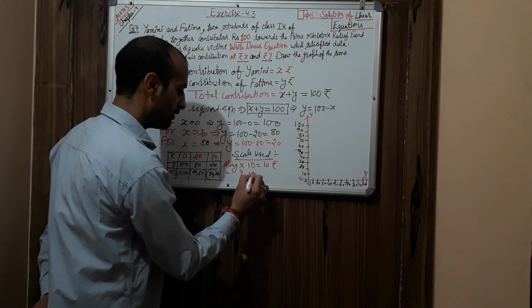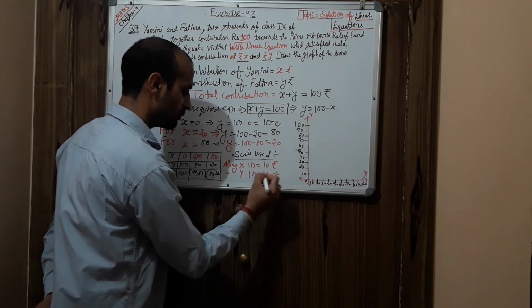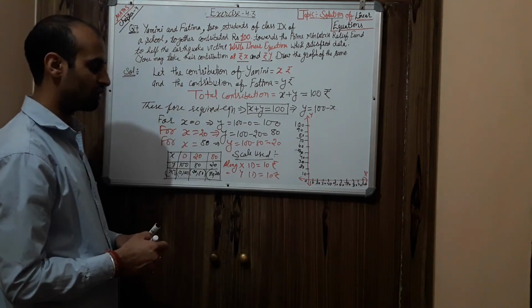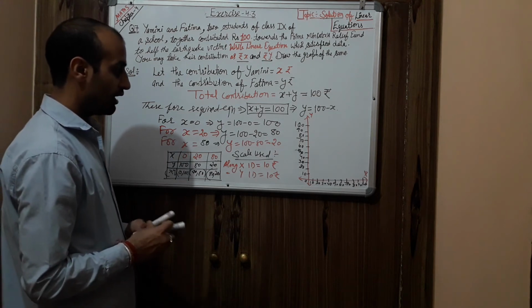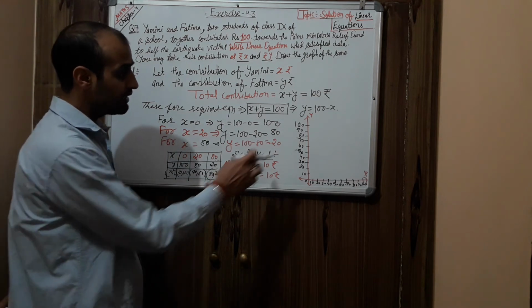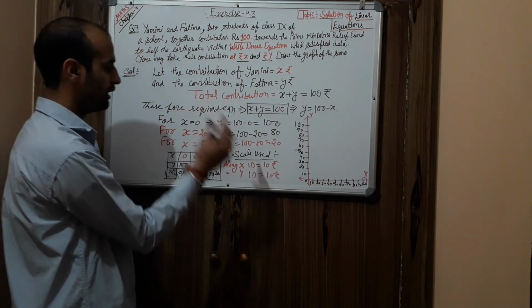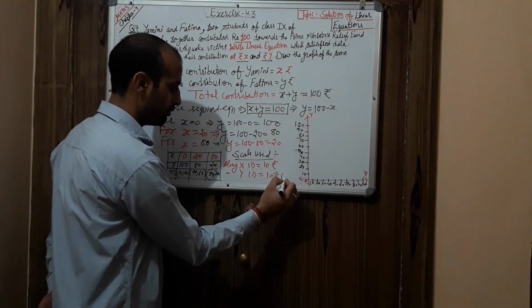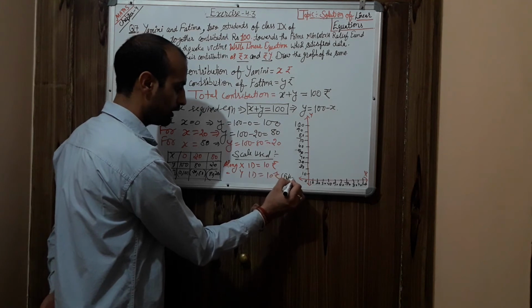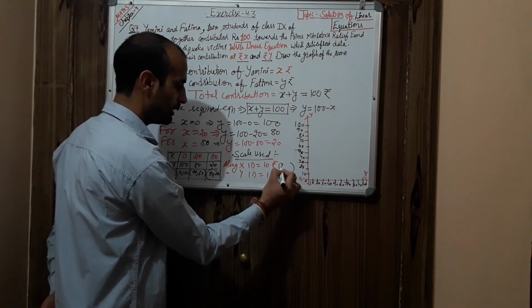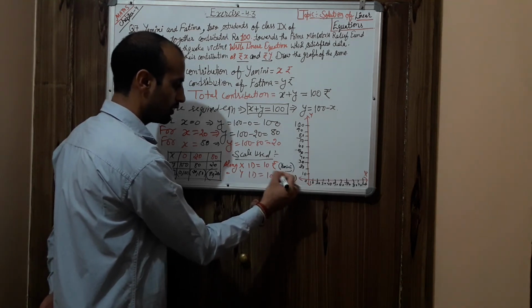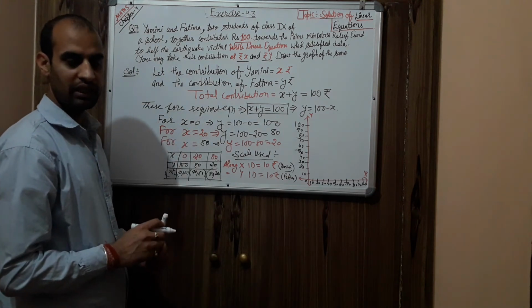On both sides we have selected one division equal to 10 rupees. On the y side we are representing money given by Fatima, and on the x side we are representing Yamini. This data you need to write before starting any graph.